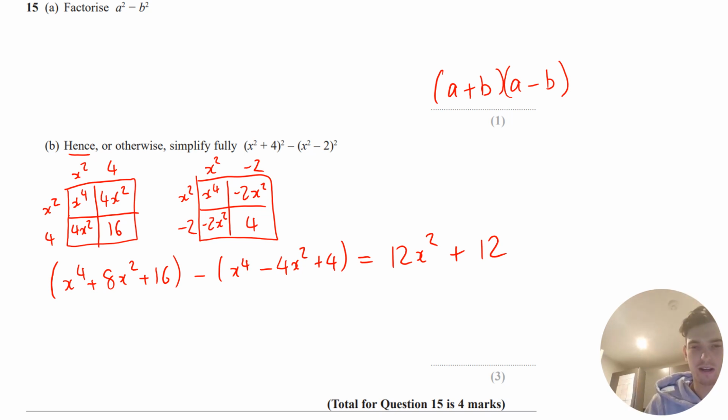So I'll show you this very quickly. You know that a squared minus b squared is a plus b, a minus b.